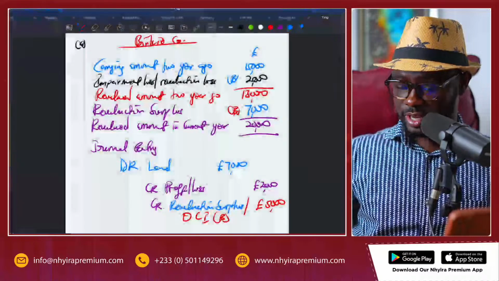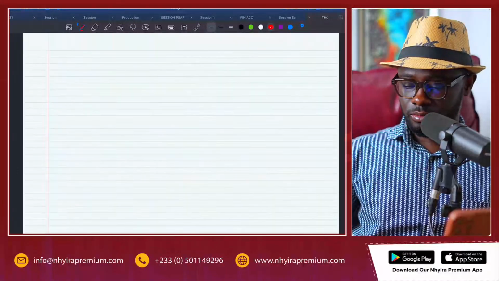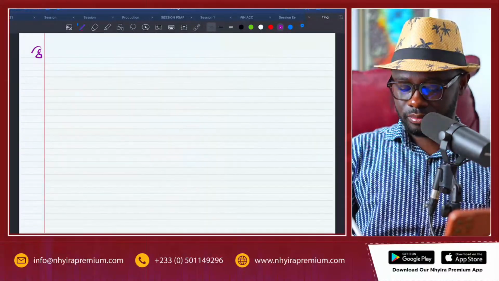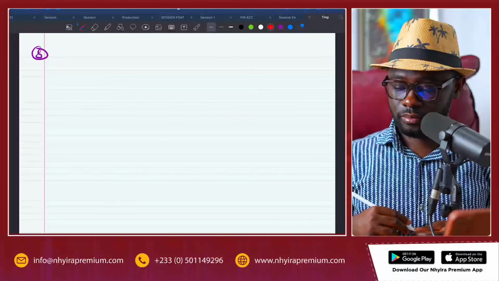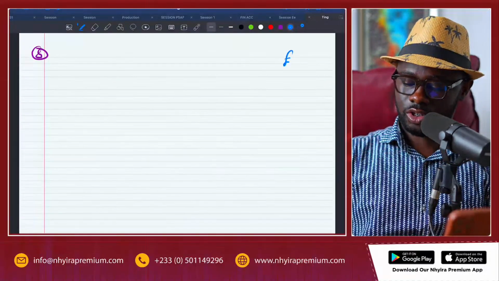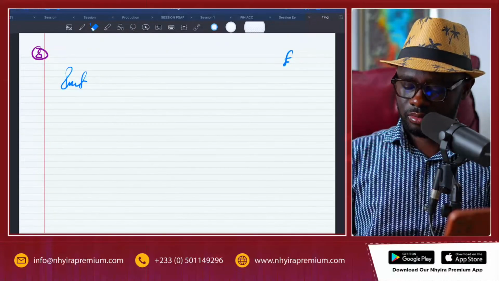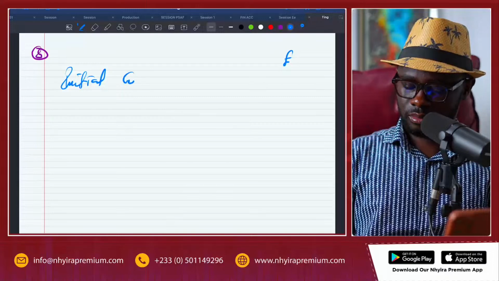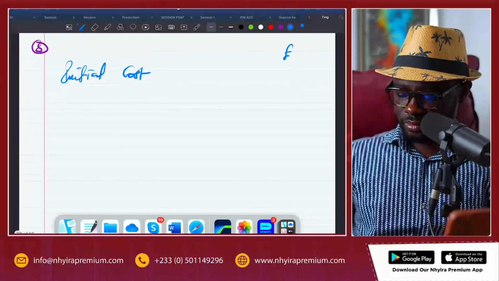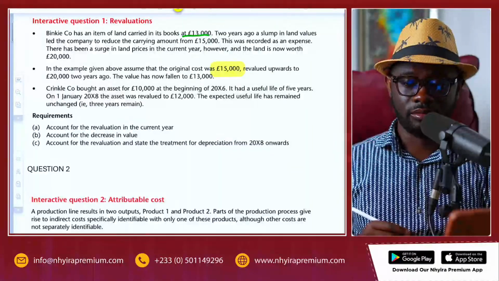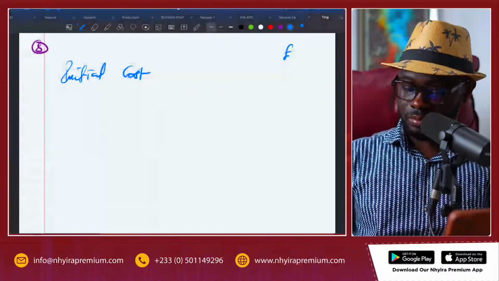So second scenario, B. We bring in the initial cost, and that is going to be coming up here of £15,000.